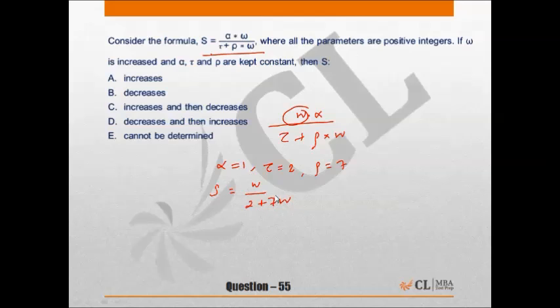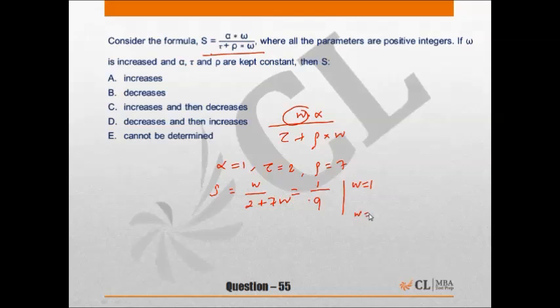Here it is asking to increase the value of omega. So let's suppose in the first case the value of omega is 1. In this case the value of S will be 1 upon 9.